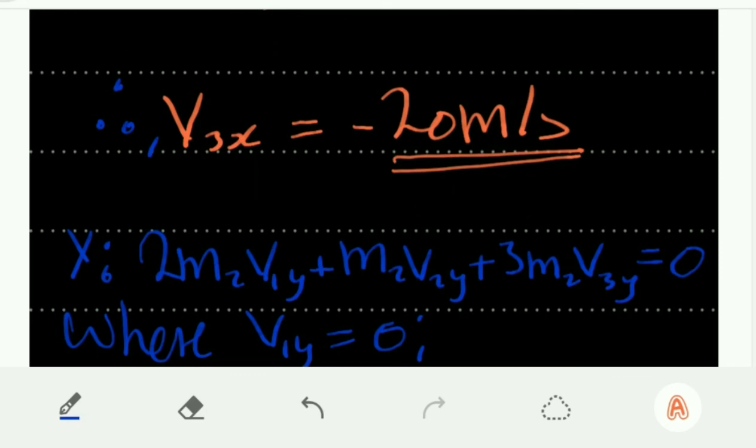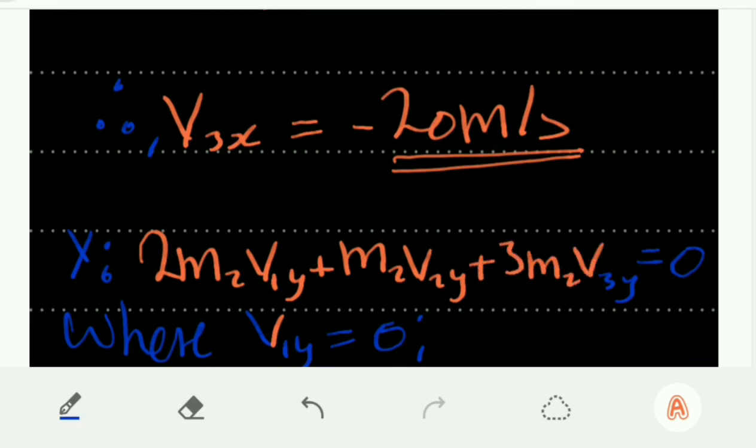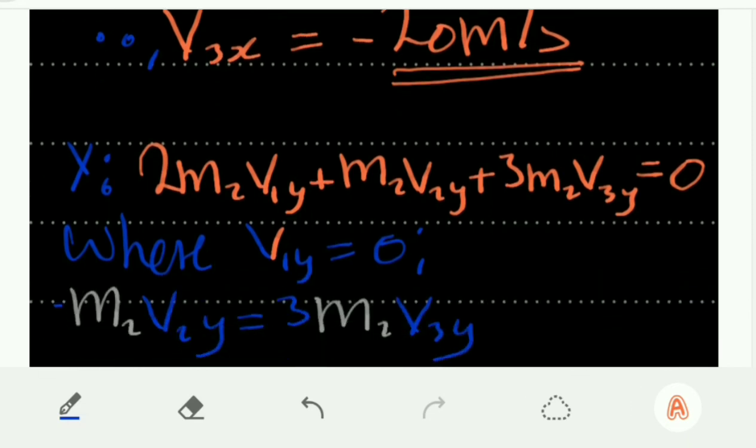How can we find the y component of this? We rewrite our first equation again, but in terms of y: 2m2 v1y plus m2 v2y plus 3m2 v3y equals 0. But again, one thing we know is that m1 is only going in the x direction, therefore v1y is 0.